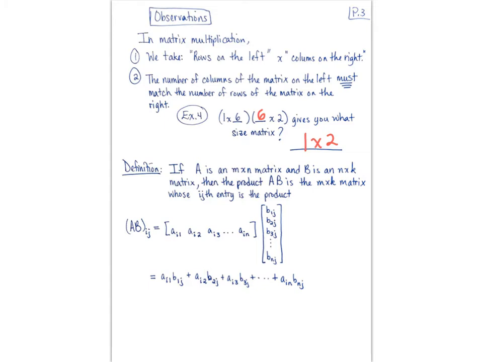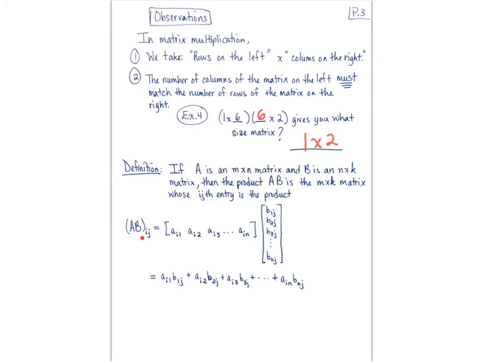Definition. If A is an M by N matrix and B is an N by K matrix, then the product AB is the M by K matrix whose ijth entry is the product here. This may seem like, what the heck are we doing? However, remember, it's the same concept as we've talked about already. This is just putting a general definition to it, so it works for all things.